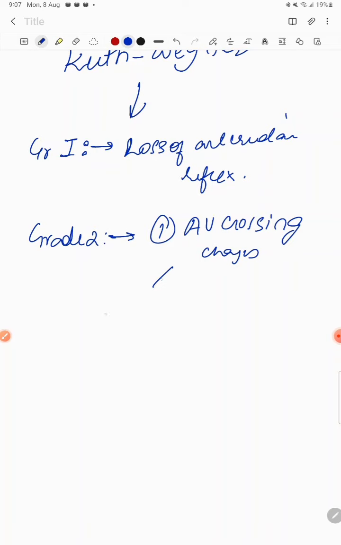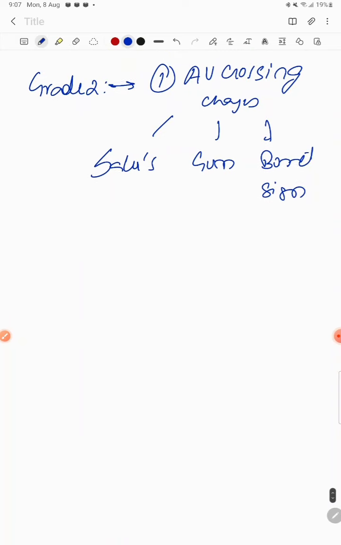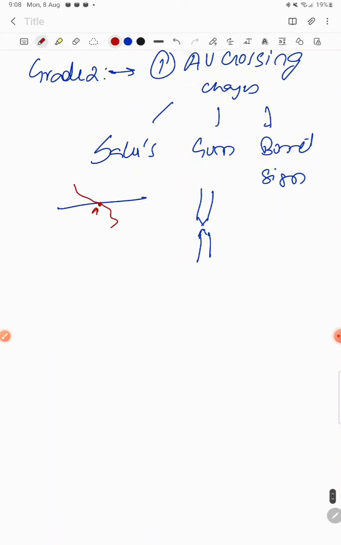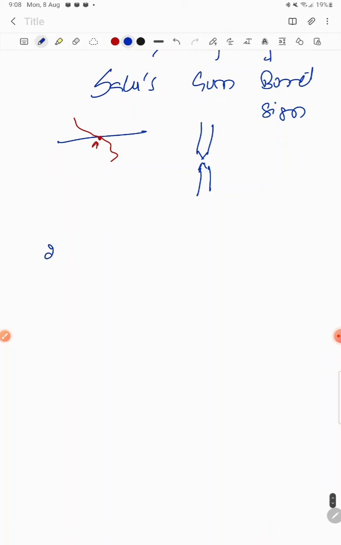They are the Salus sign, Gunn sign and Bonnet sign. B for Bonnet, B for banking of vein. Gunn sign is tapering of the vein. Salus sign is that your artery is going to compress the vein like this. These are the AV crossing changes, plus you are having copper wiring of your arteriole.